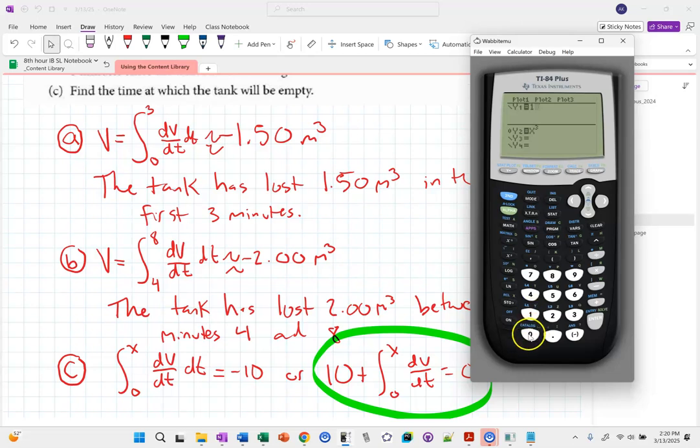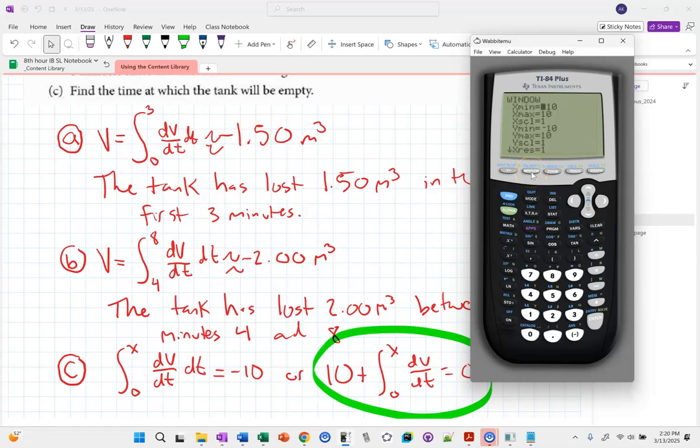I'll do 10 plus the integral from 0 to x of 0.0002x minus 0.5 dx.